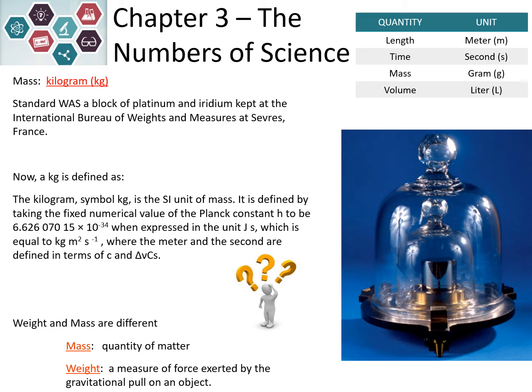So now what we've done is we've gone to defining it based on Planck's constant. And you probably won't notice any difference in the mass of things or how your daily life changes. But in science, this is a big deal because now it's not based on an object. It's defined now by the numerical value of Planck's constant. And so now we have a way to define that kilogram. And this is important when we're making very, very careful measurements.